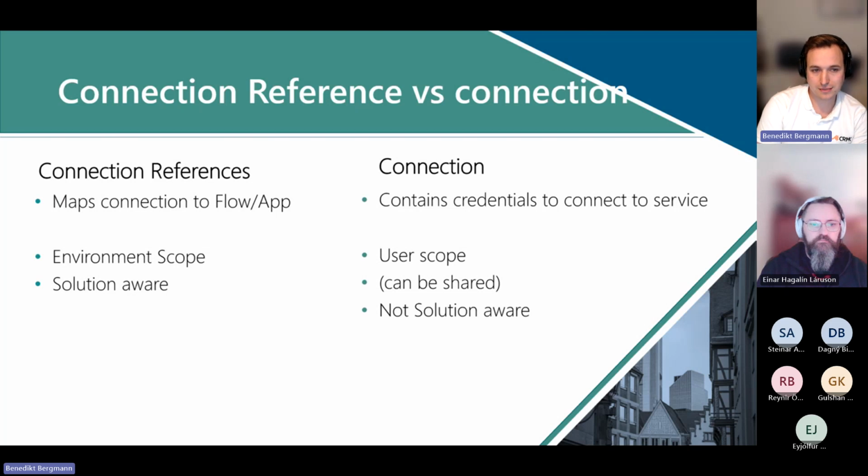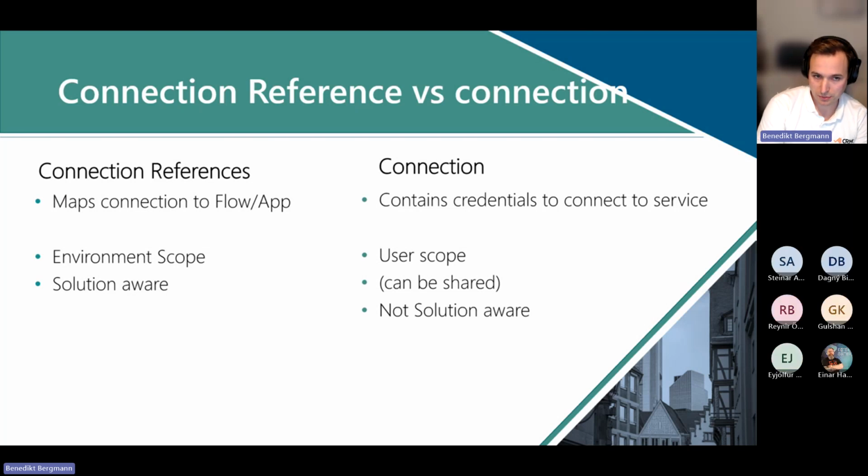And they do have an owner, but everyone in the environment can see all the environment connection references. Even so, there might be situations where we can't use them, which is the biggest problem we might have, and we will learn how to fix that.